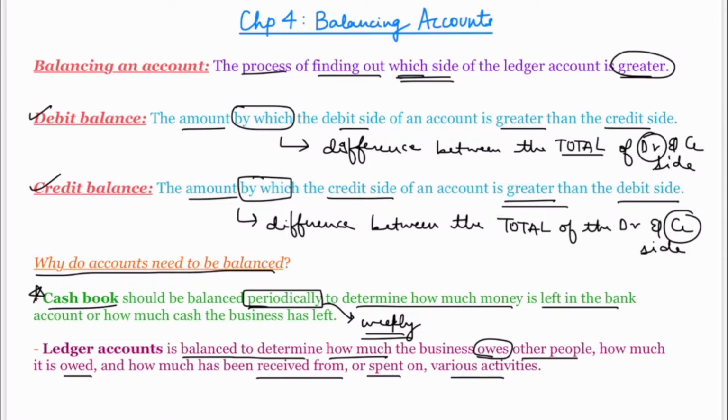These are the various ledger accounts that we have studied in the previous chapters, including customer accounts, supplier accounts, etc. The ledger accounts can be balanced monthly or even yearly. But if it is a customer's account or a supplier's account, then we balance it monthly.